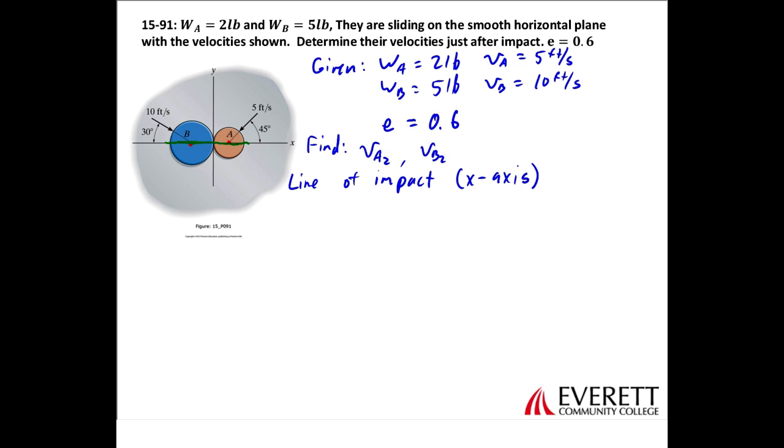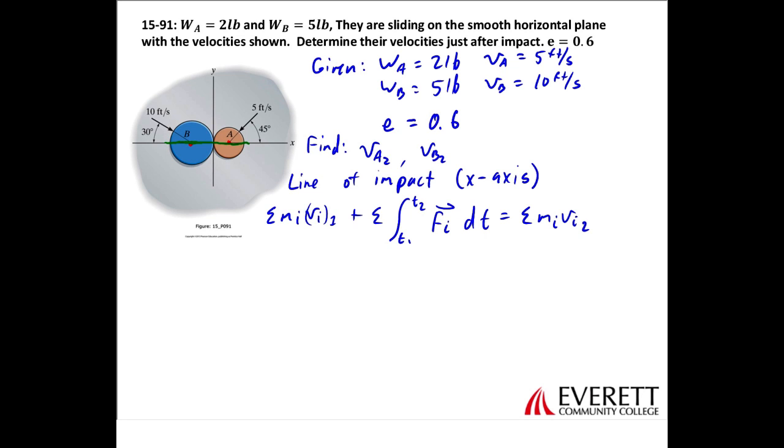So for linear impulse and momentum, we have the sum of m_i v_i1 plus the sum of the integral of the impulse forces is going to be equal to the sum of the linear momentums after the impact. Okay, so this is the governing equation, and it's the principle of linear impulse and momentum.